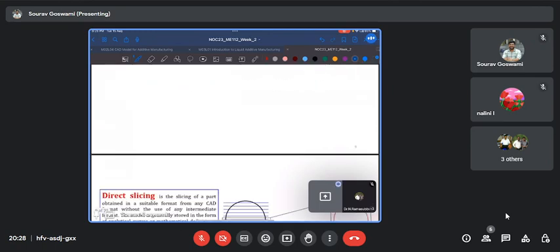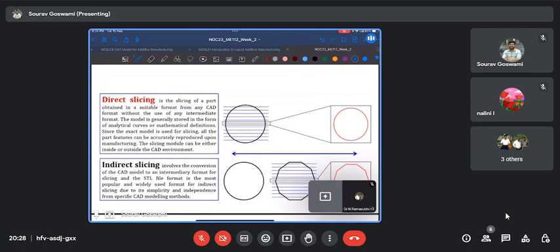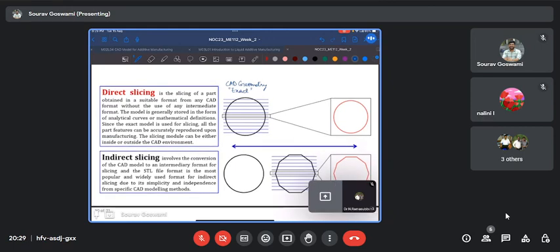So just to give a quick recap, direct slicing is when we are slicing from the exact 3D geometry or the exact CAD geometry without the use of any intermediate step. And thus, since the geometry in this case is exact, when we slice it, the contours we obtain in each slice are also exact, as we can see from the example of the circle here.